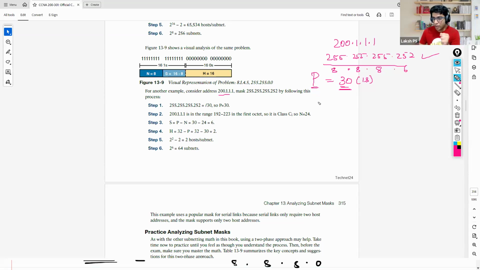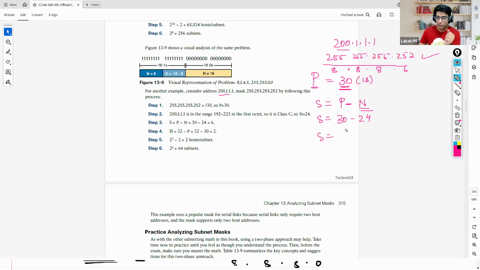Now, how do we find the subnet bits? It is p bits minus your network bits. We know that p is 30, and 200 is a class C IP address. For class C, the default number of ones, the network bits, is 24.